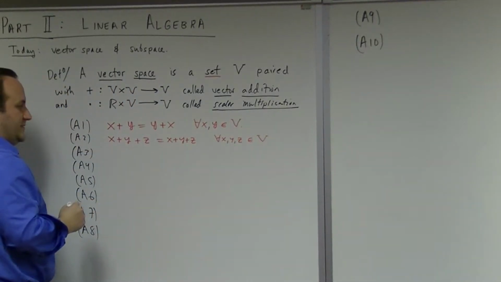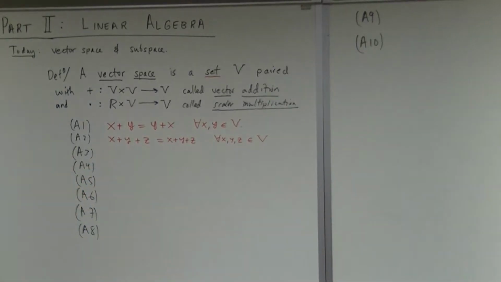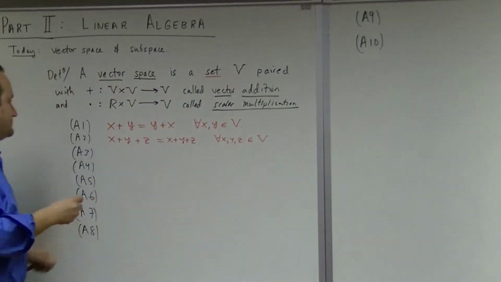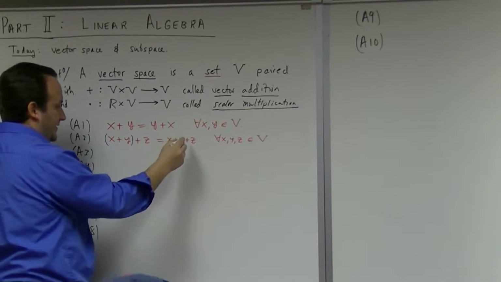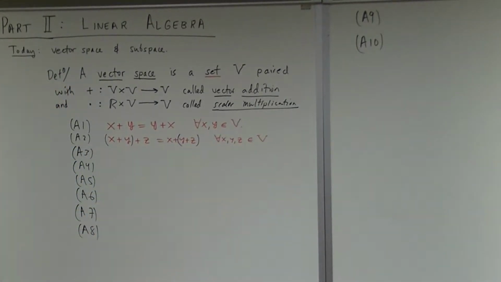English doesn't really help us here, so let me put some parentheses in. You can add these two and then add that, or you can add the last two first and then add the first one. You get the same thing.